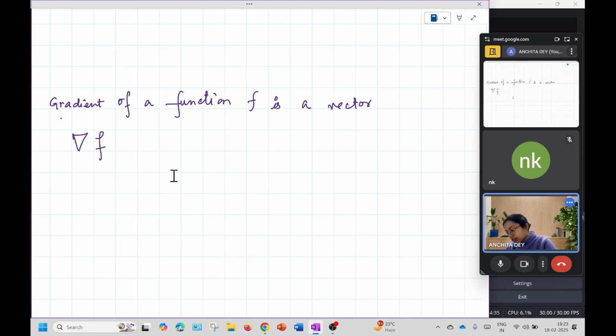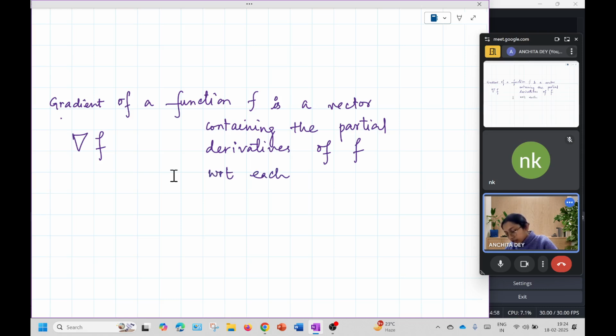So gradient of a function is a vector containing the partial derivatives of f with respect to each component of the argument vector, right?